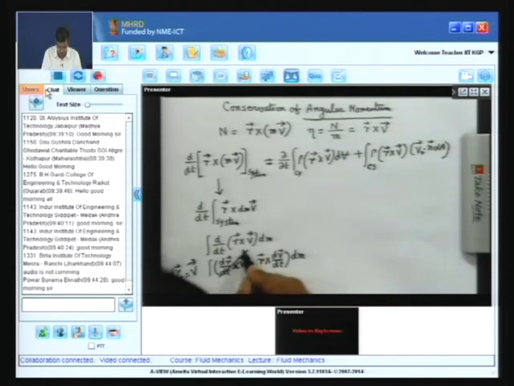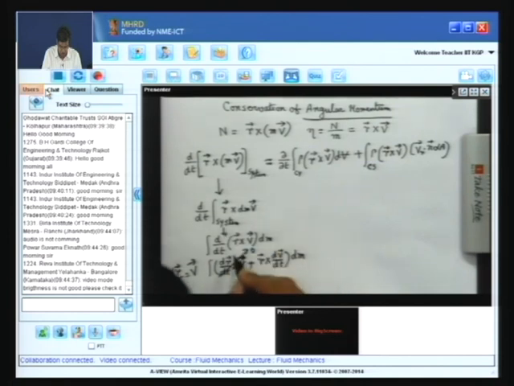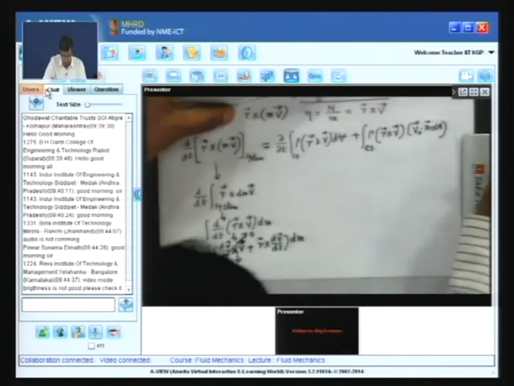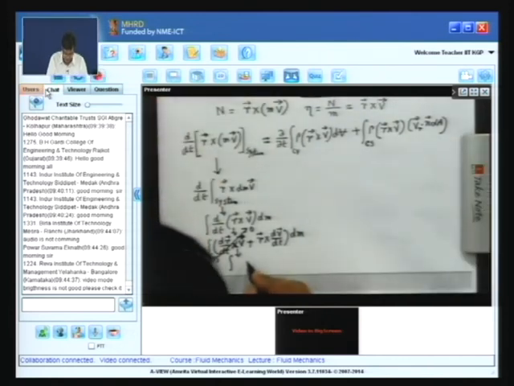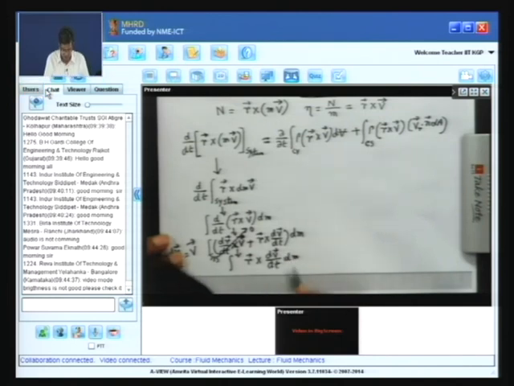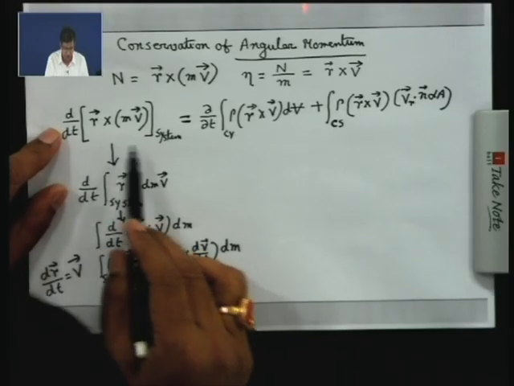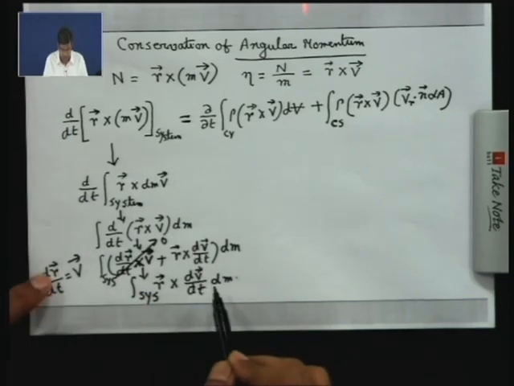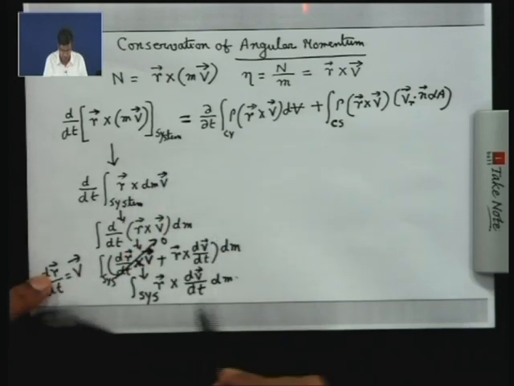Therefore, this becomes equal to only the term r cross dv dt dm, and that is for the system. This is nothing but the rate of change of angular momentum of the system, written like this by considering the fact that angular momentum may vary from point to point within the system.